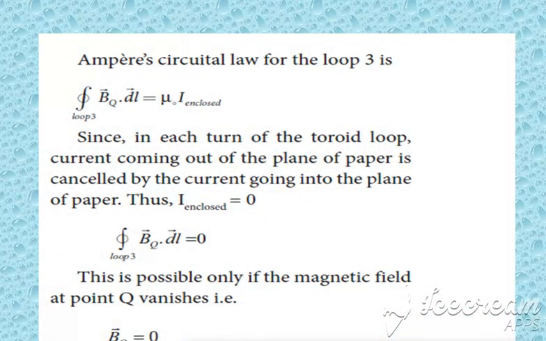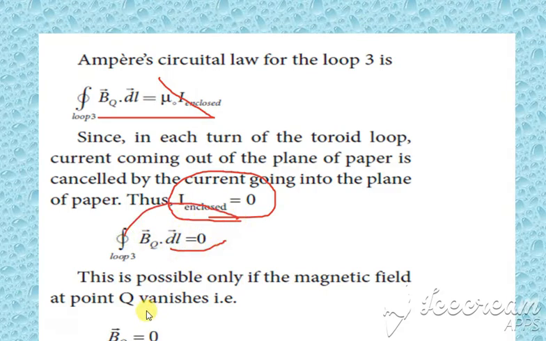So I is equal to 0, and this fully becomes 0. Now, bringing the integral and dl to this side, B_Q is equal to 0. So the magnetic field vanishes even at the point outside.